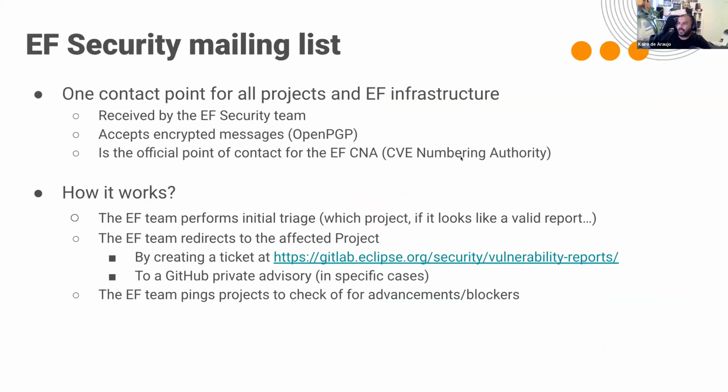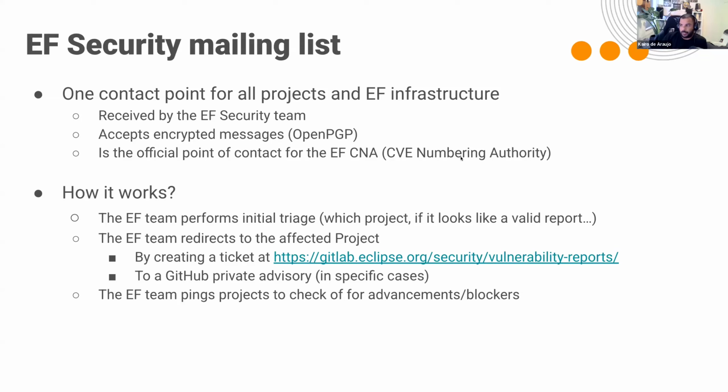So let's start with the main list that you mentioned before, security@eclipsefoundation.org. This is a single point of contact to the Eclipse Foundation for all projects and the infrastructure. So any vulnerability can be reported to this main list. Those emails will be handled by the Eclipse Foundation security team, who are part of the session that we are giving you.